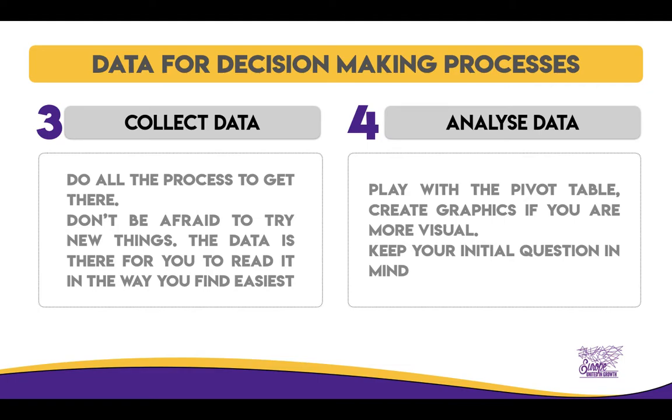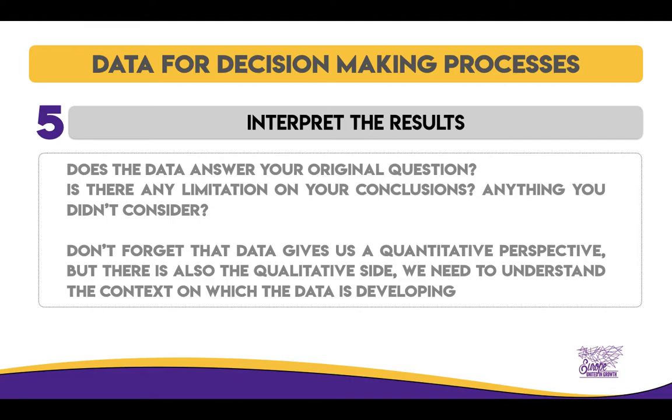I just showed you with the pivot tables, but if you are more visual than that, you can also create a graphic from the pivot table directly, and then you can see all your data displayed in a graphic depending on how you want to see it. And the most important thing is interpreting the results. So yeah, this is going to give us insights about what's happening in the entities and everything, but remember that everything has another side.